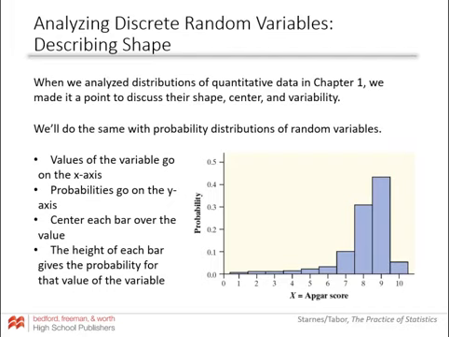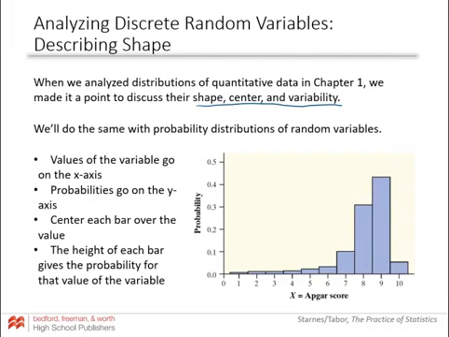We can also take the probabilities of a random variable and make a histogram so that we can see those things that we talked about in chapter 1: shape, center, and variability. The values of the variable go on the x-axis, so all of the possibilities. This is for the APGAR score, which is something they do for infants when they're born.